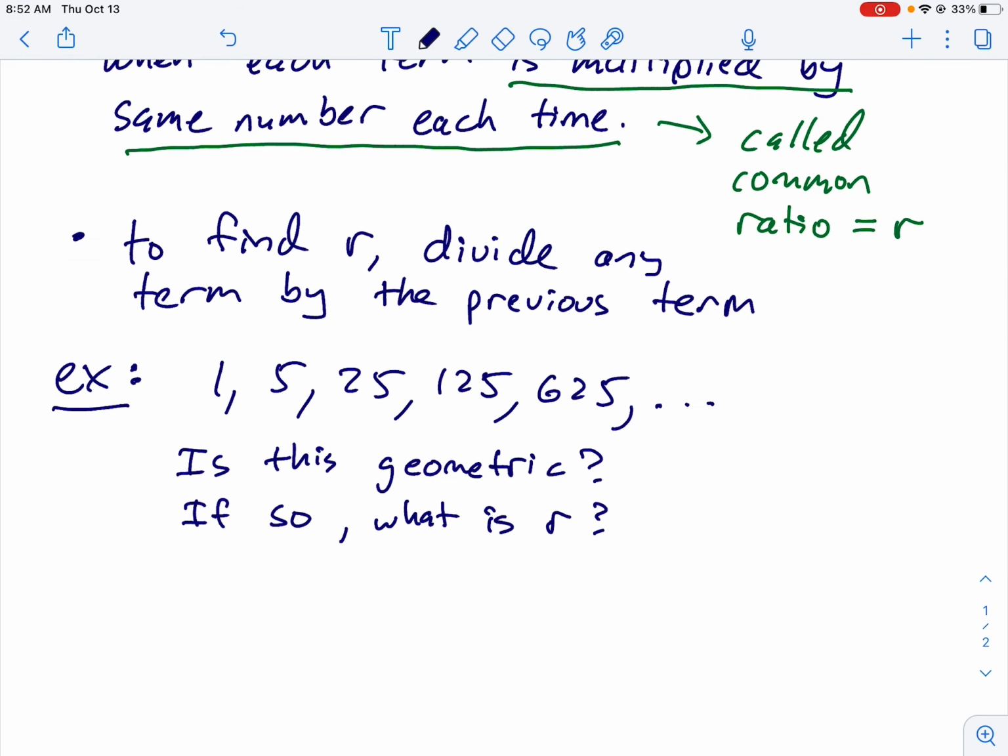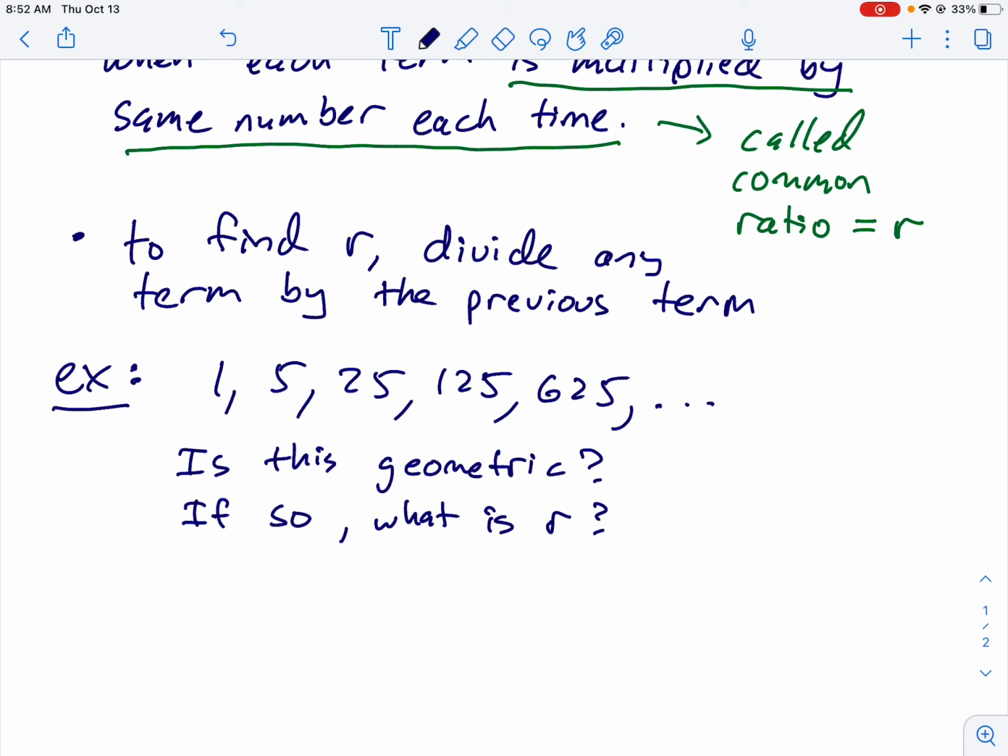This is where your calculators come in. If you don't see it, you can use your calculator, but some of you might be able to look at this pattern right away, and you know it's going to be geometric as long as you can multiply by the same thing to get each number. You know how for arithmetic we were always adding the same number or subtracting the same number, right? It's the same idea, but for geometric we're multiplying by the same number, okay?